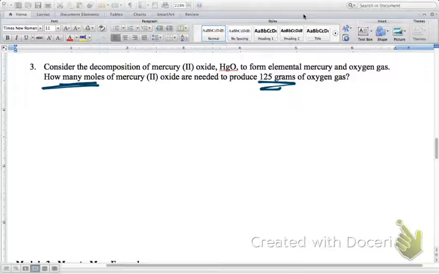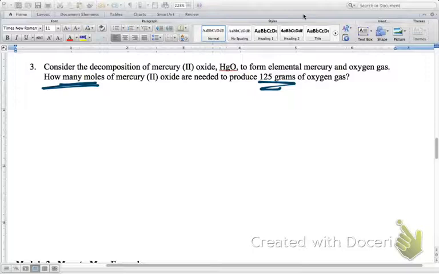All right, so as with all of these problems, what did we say is the very first thing that you need to do? What do we need? We need a balanced what? Equation. We need a balanced equation. Okay? A balanced chemical equation.